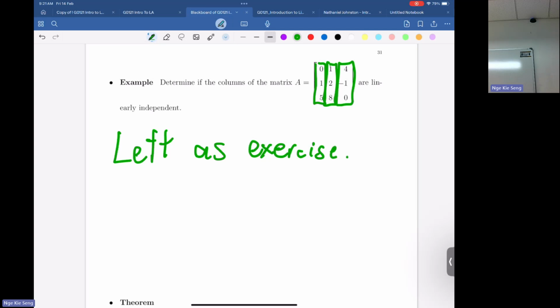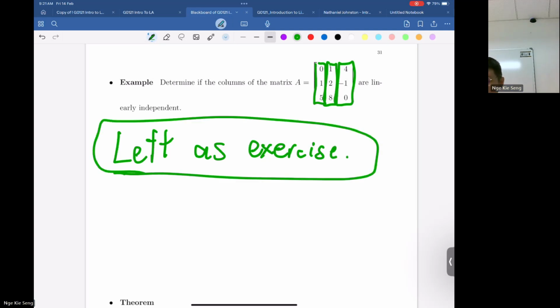If they have more solutions than the 0 solution, then they are linearly dependent. So I left this as an exercise. By the way, if you try out the exercise and think my answer is a mistake, tell me, we can check, and I can correct it so that people will know.